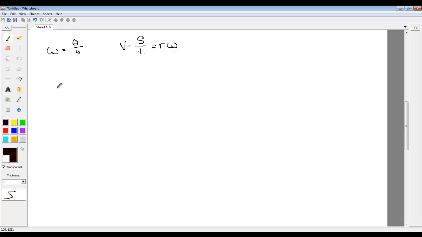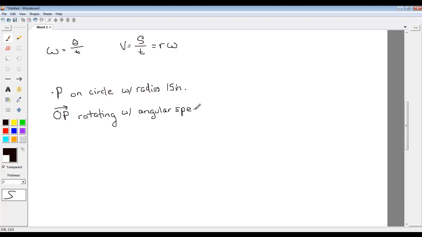All right, let's say we've got a point P. It's on a circle with radius 15 inches. And let's say that ray OP is rotating with angular speed pi over 12 radians per second.